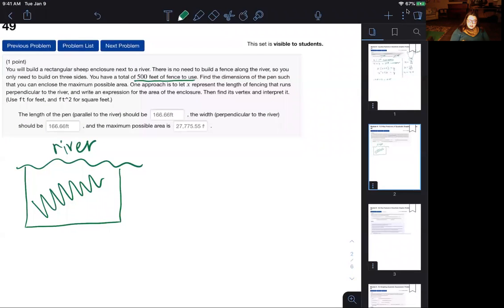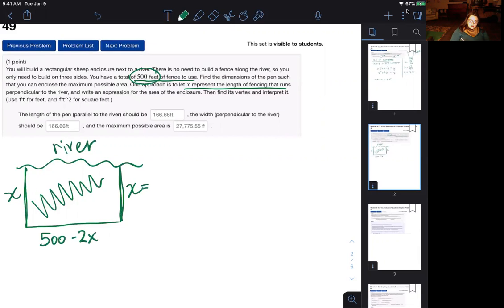One approach is to let X represent the length that runs perpendicular to the river. So if we call this X, this is also X, and then write an expression for the area of the enclosure. Well, if I know I have 500 feet of fencing total, if I take away these 2 sides, I would have 500 minus 2x.